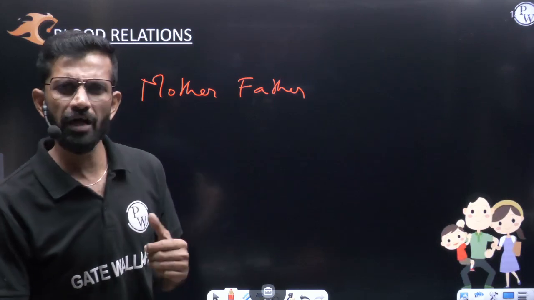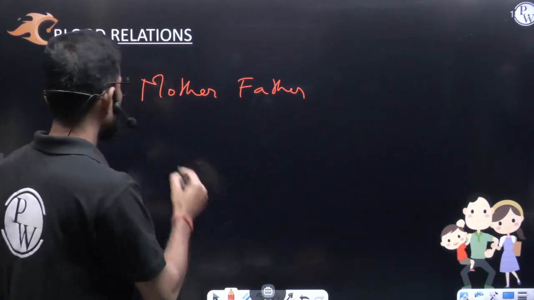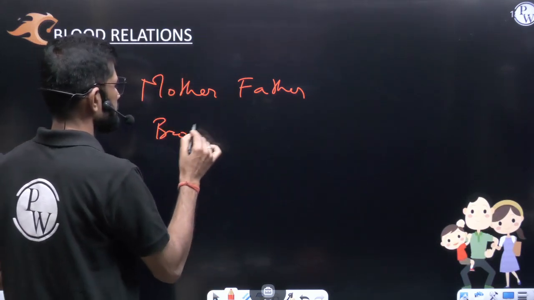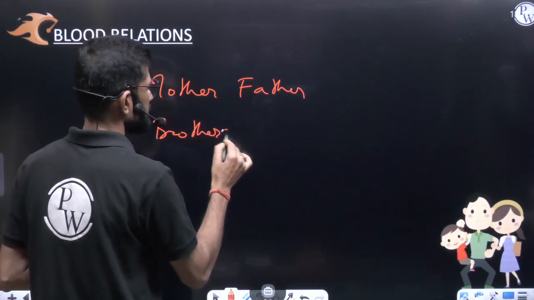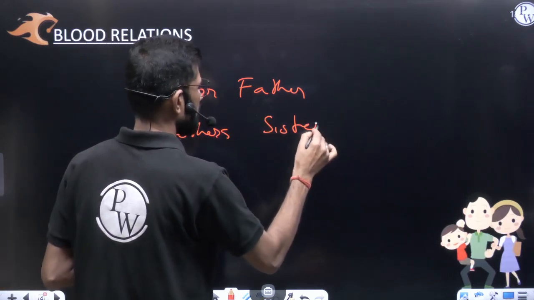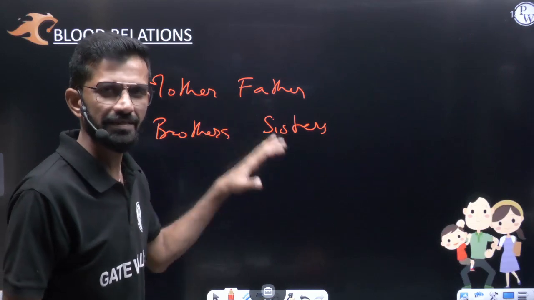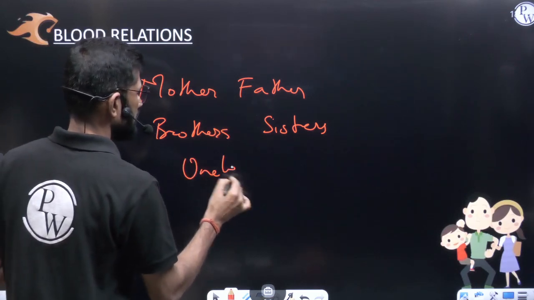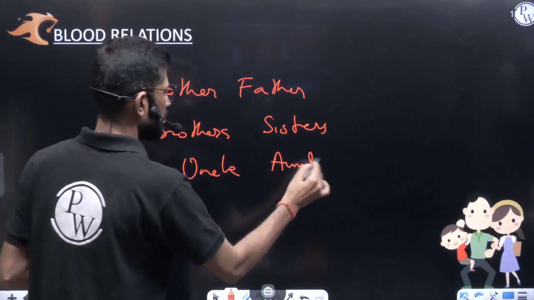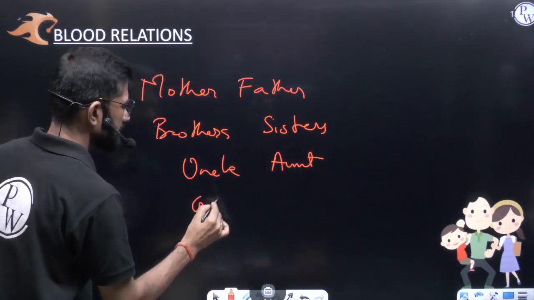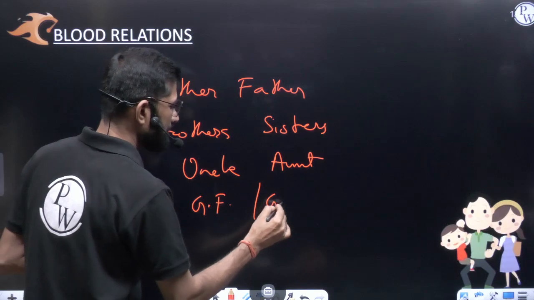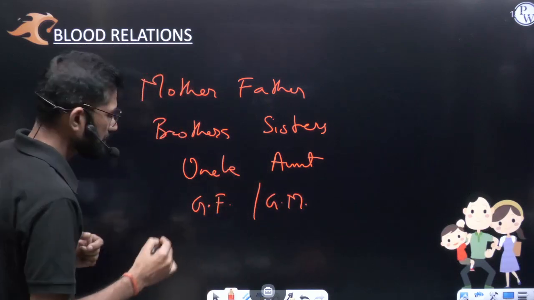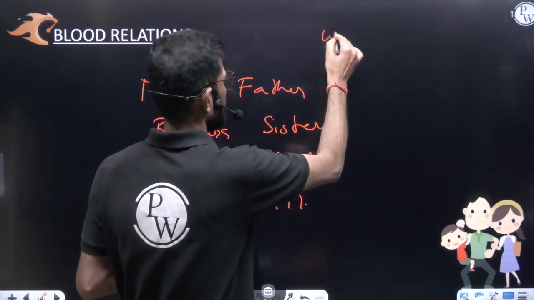Further, all the remaining basic relations we can call: brothers, sisters. I am writing all the relations so that later on we can discuss all of them. Further we have uncle, aunt. Further the relation we have is grandfather, grandmother. Further we have wife and husband.